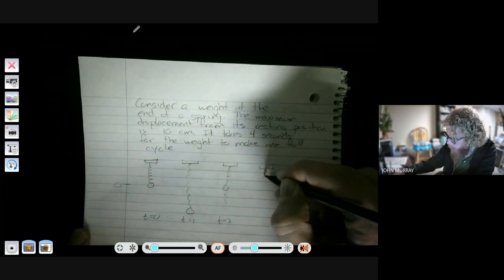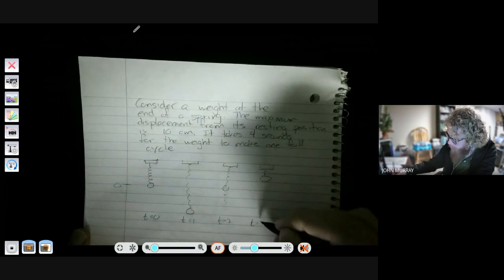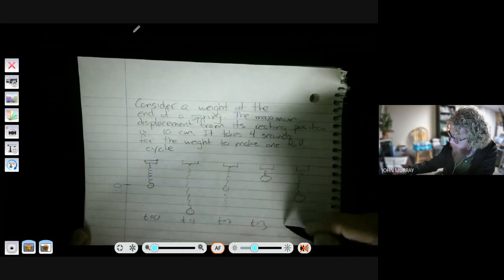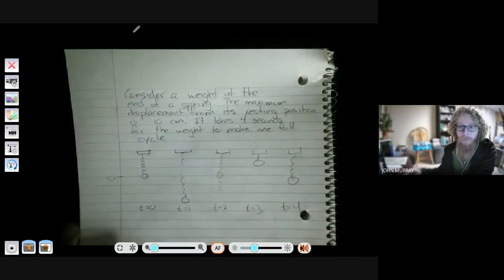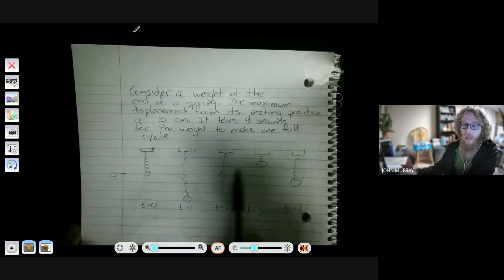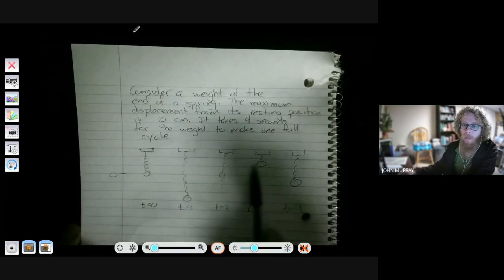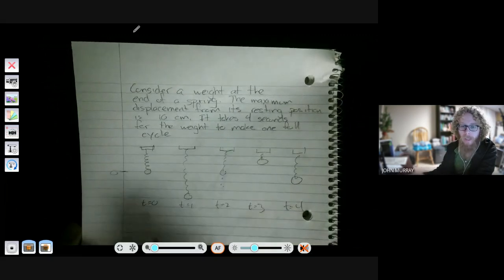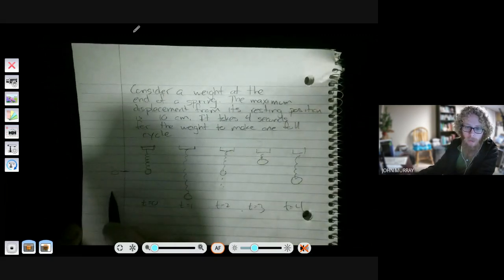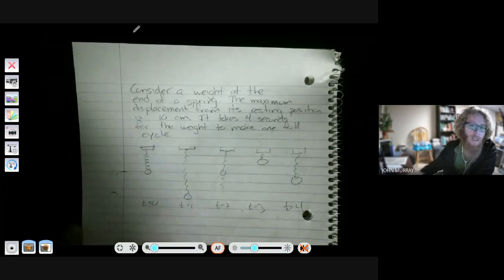At 3 seconds, it's all the way at the top. And then at 4 seconds, we return back to the middle. So you can kind of see here how the sine wave is appearing right before our eyes as time moves along.